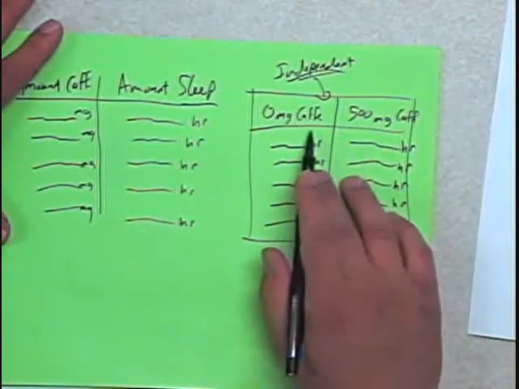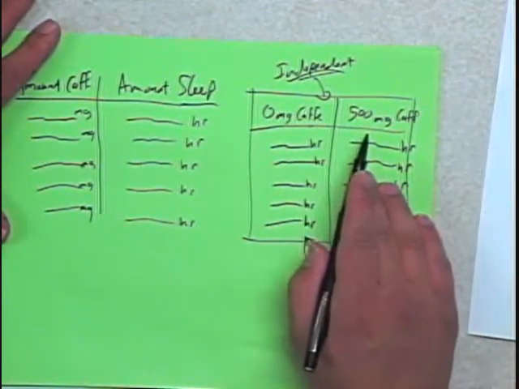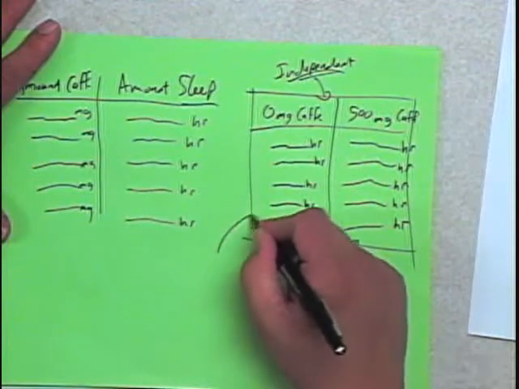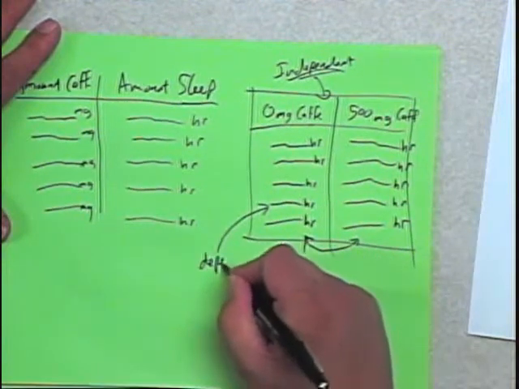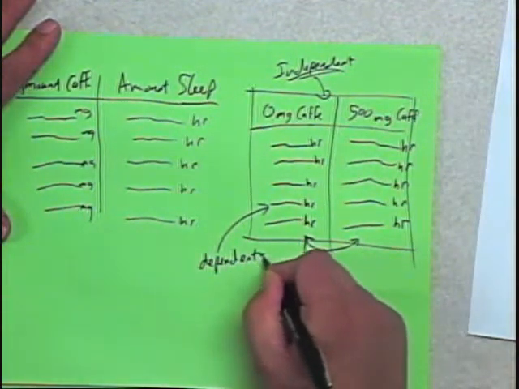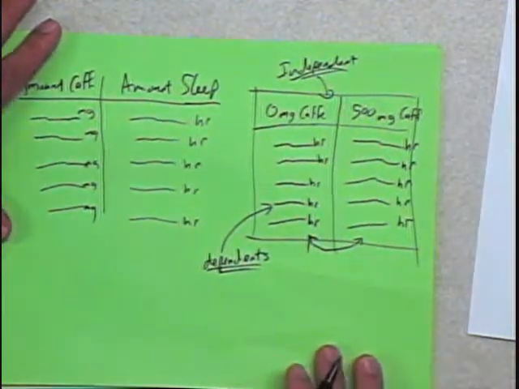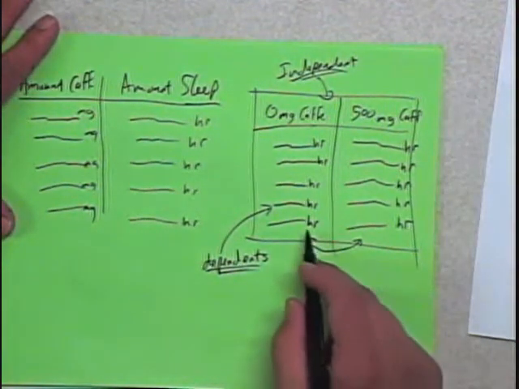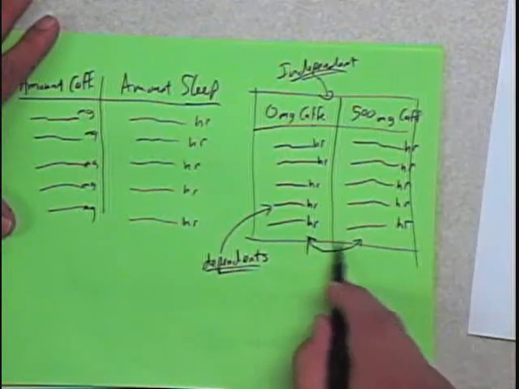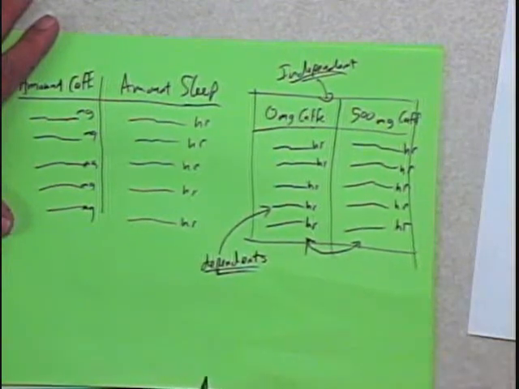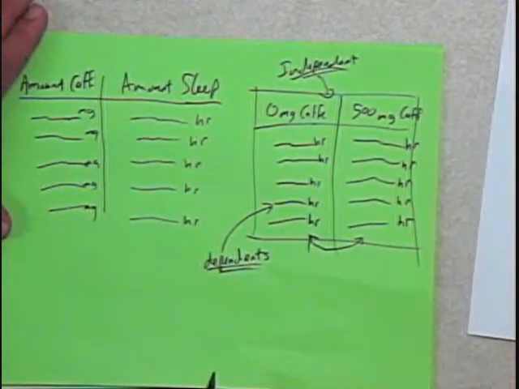Okay? It's the variable that I manipulate between the two groups. Okay? And then the dependent variable is the number of hours of sleep that they got between the two groups. And so that's the variable that I compare at the end of the experiment to see if a significant difference exists between the two groups. Okay?